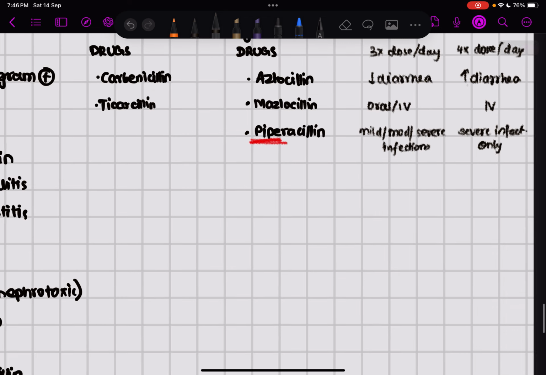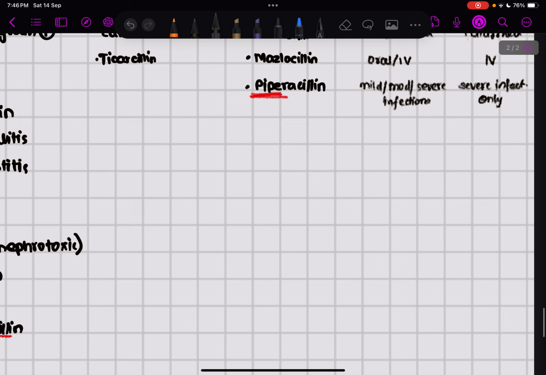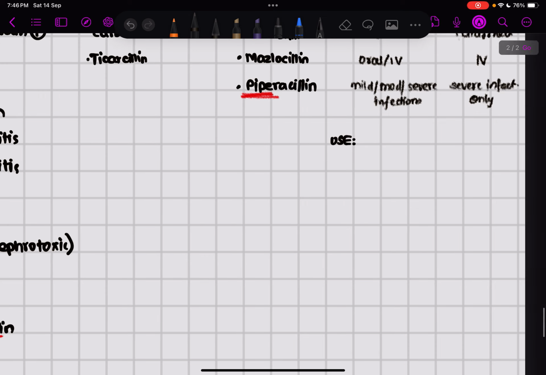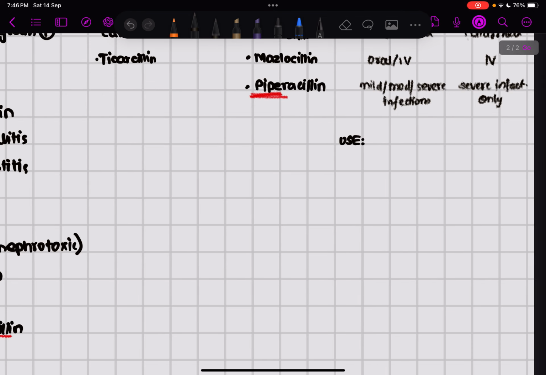For uses, we have respiratory infection. And what we get is otitis and pneumonia.